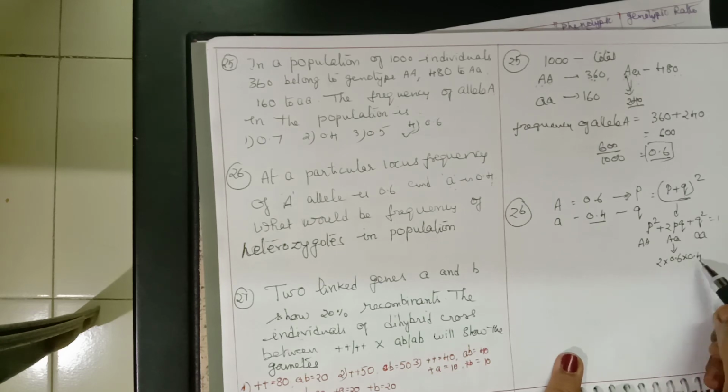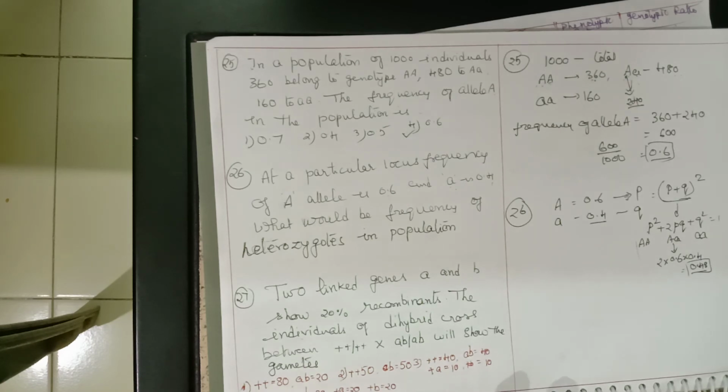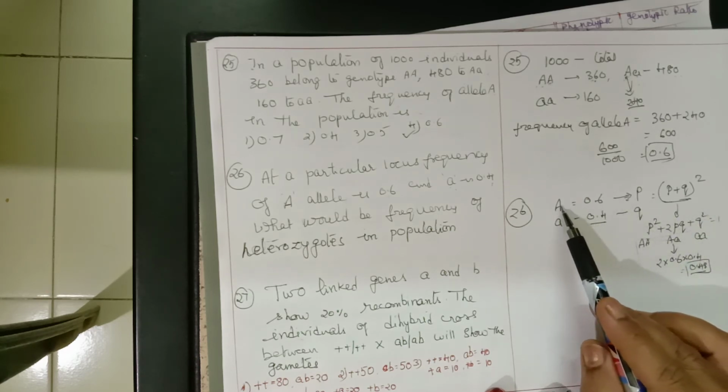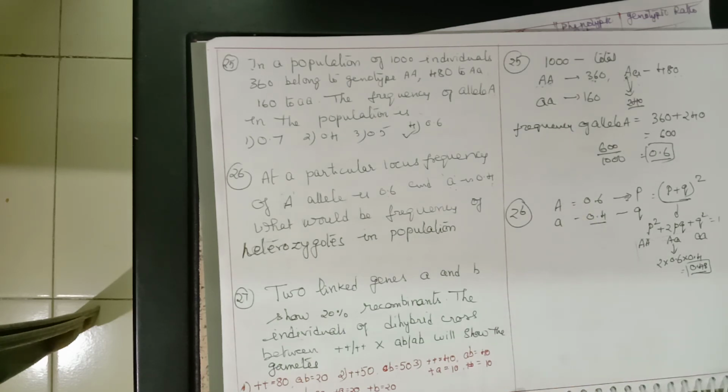When we multiply 0.6 by 0.4, we get 0.24. 0.24 into 2 is 0.48. So that should be the frequency. Simply by using this formula, you can find the frequency of any genotype in the population, provided we know the frequency of the dominant and recessive alleles.